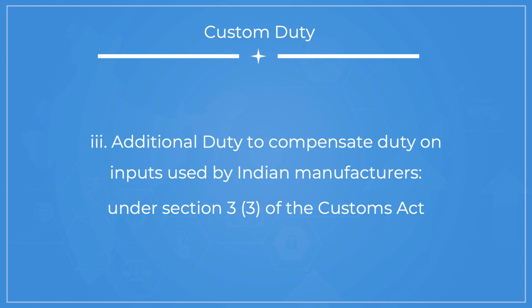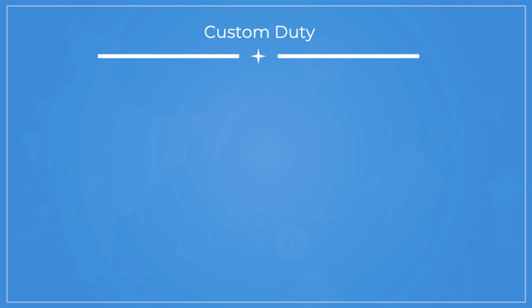Such duty is leviable on the value of goods plus the basic customs duty payable. Additional duty to compensate duty on inputs used by Indian manufacturers is levied under section 3 subsection 3 of the Customs Act.